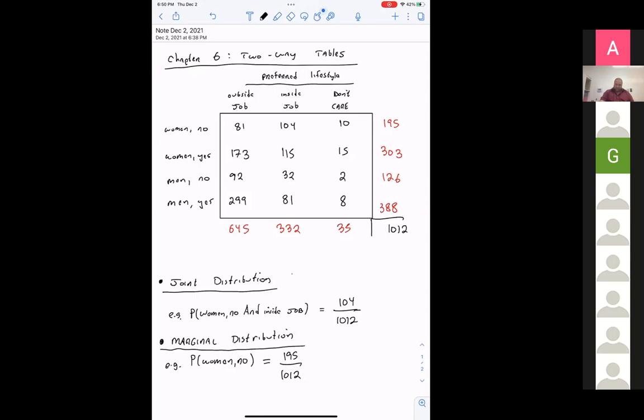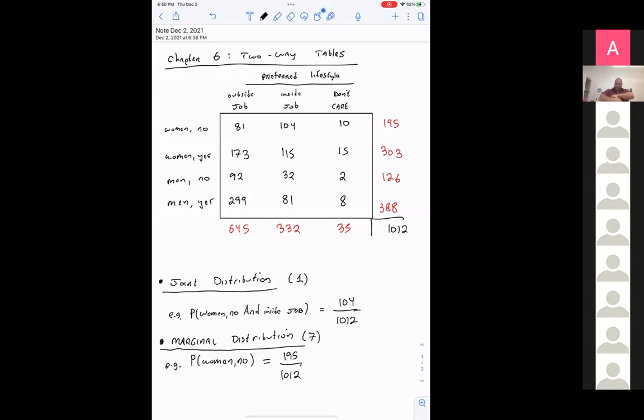Now, in this case, I only have one joint distribution. It's the table. But how many marginal distributions do I have in this particular example? 7?